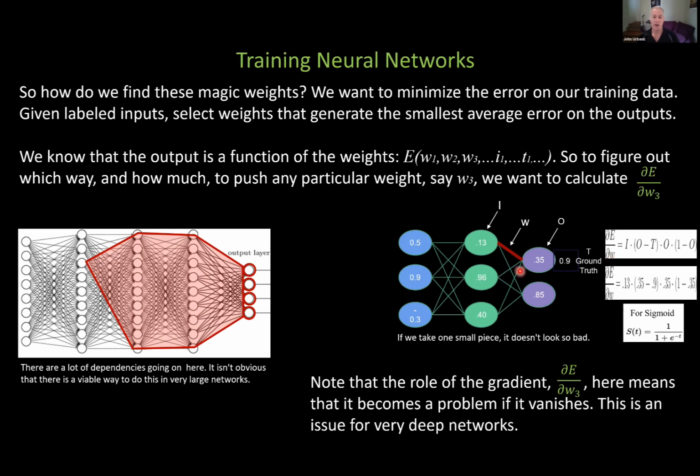This is one of the reasons, by the way, why we like our activation function to have a nice, easy-to-work-with derivative, because it enters into this equation right here. So for example, in this case, if we have a sigmoid activation function, we can figure out what the derivative with respect to the weight is for this one weight. That's not anything more than some very simple calculus, right?